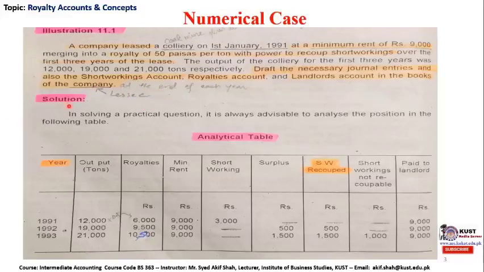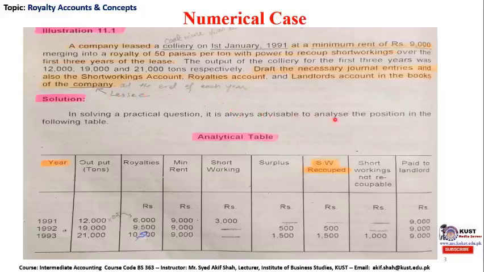So the solution involves solving a practical question. It is always advisable to know about the lessor and lessee. The lessee is the company who has taken this colliery or the coal mine as a lease from the landlord. So we know that the company is the lessee and the landlord is the lessor.